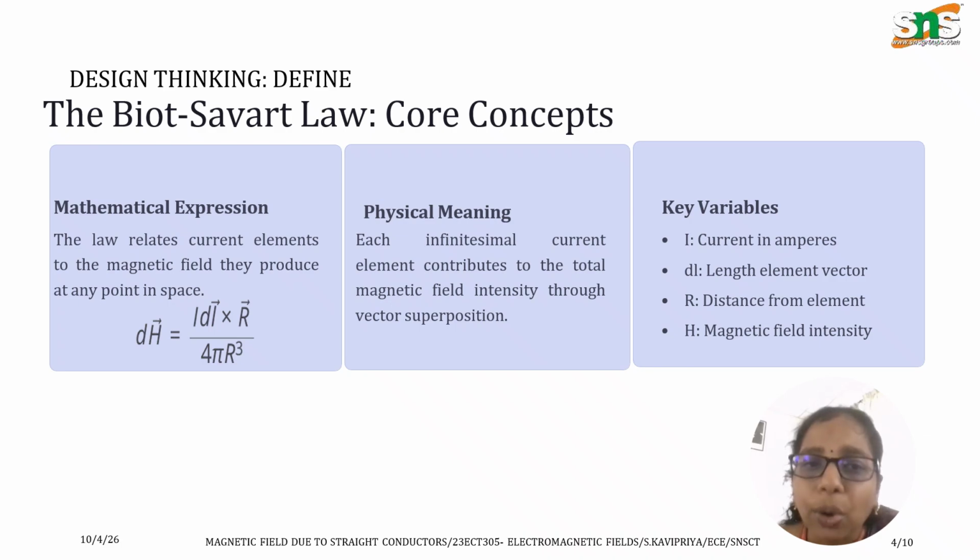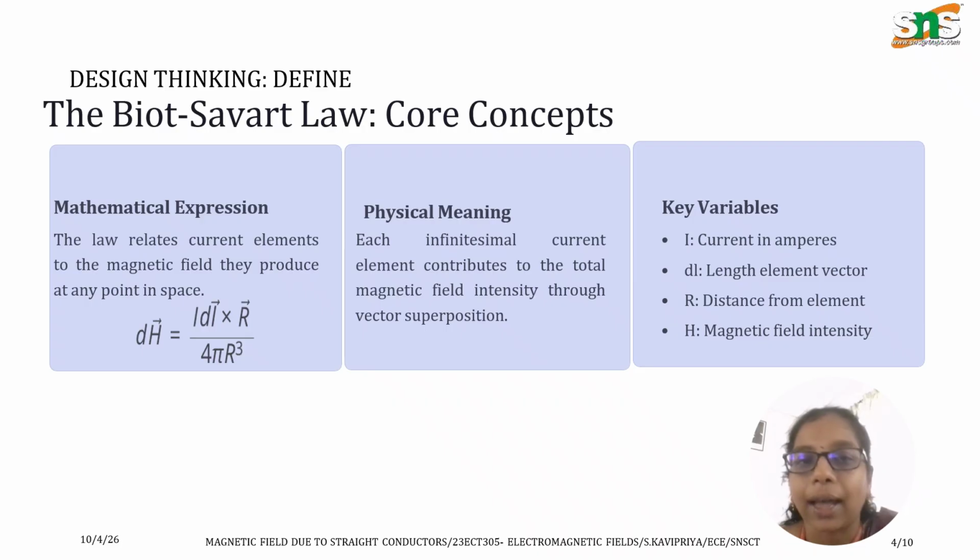What is the core concept behind this magnetic field intensity? Using the Biot-Savart law, we can determine the magnetic field intensity. The law is given by dH, the differential magnetic field intensity, is equal to I dl cross R by 4 pi R cube. I dl cross R is a cross product, divided by 4 pi R cube.